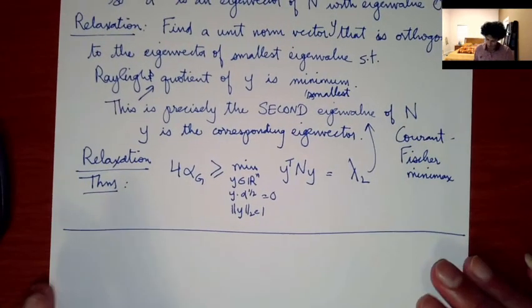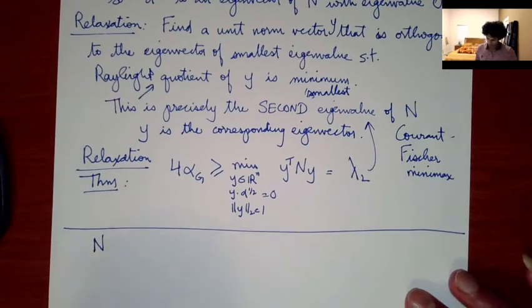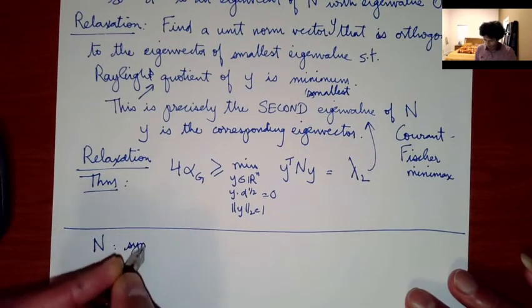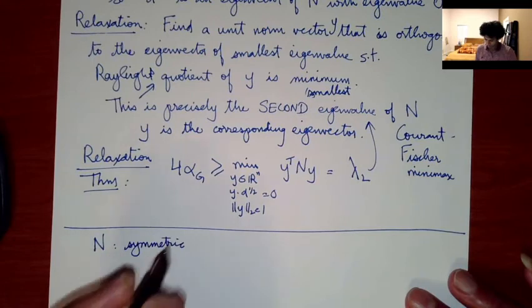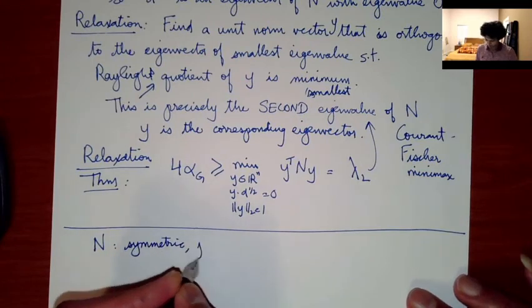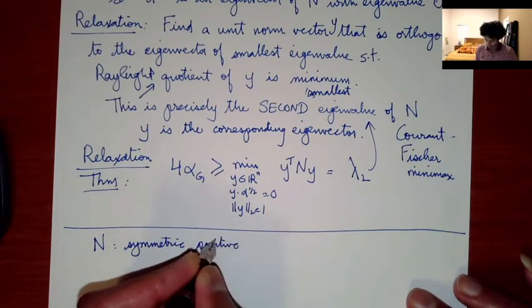So let's look at n. So n is a symmetric, positive semi-definite matrix.